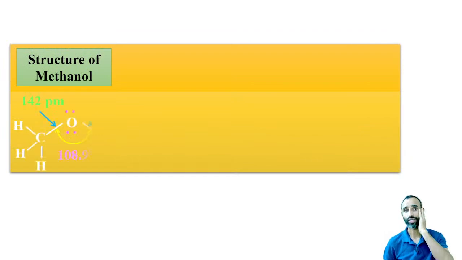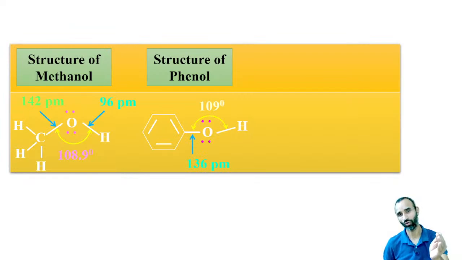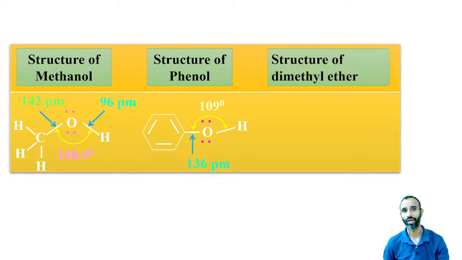Now, functional group, if we see structure of methanol, so it is like this, and phenol. In methanol, angle is 108.9 degree, and in phenol, angle is 109 degree, and in ether, it is 111.7 degree.